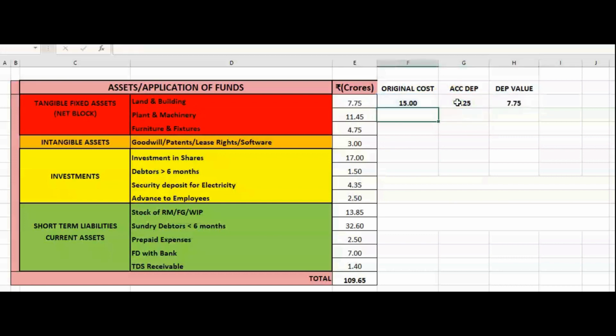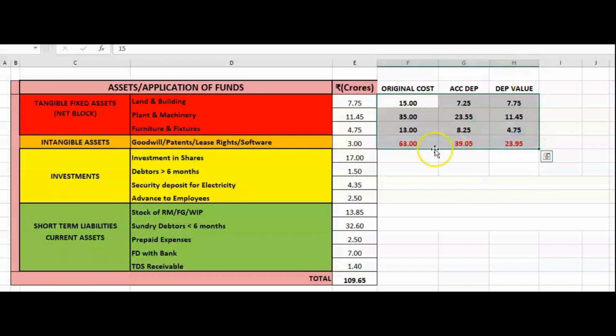And similarly for the plant and machinery, 35, 23.55, and therefore the depreciated value would be original cost minus accumulated depreciation. And for furniture and fixtures, 13 is the original cost, accumulated depreciation is 8.25, and therefore the depreciated value would be 4.75.